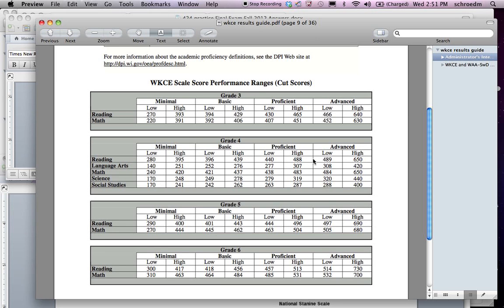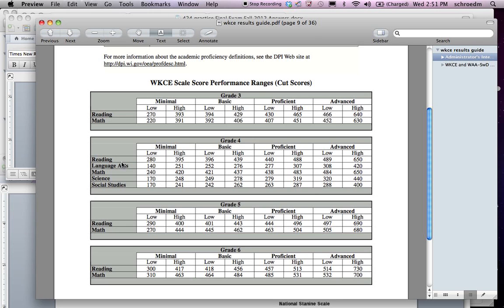Well, a 437 puts you off the charts in language arts. It puts you at about the same level, a little bit lower in reading. It puts you up at the top again of science and off the charts in social studies.